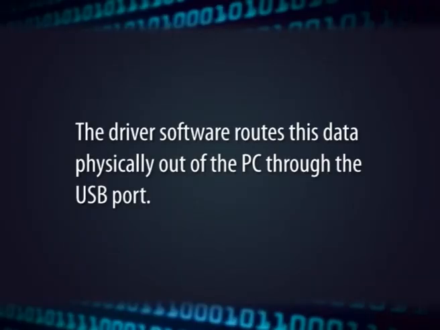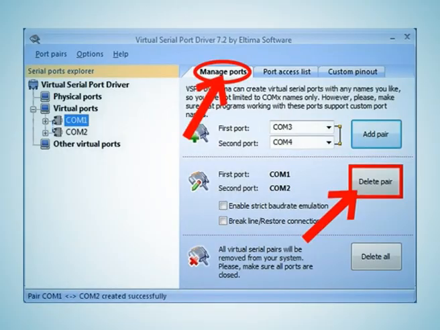The user application sends data to this virtual COM port through its driver, assuming that it physically exists. The driver software routes this data physically out of the PC through the USB port. Several virtual ports can be created in a PC. Each virtual COM port is assigned a number such as COM3 or COM4.